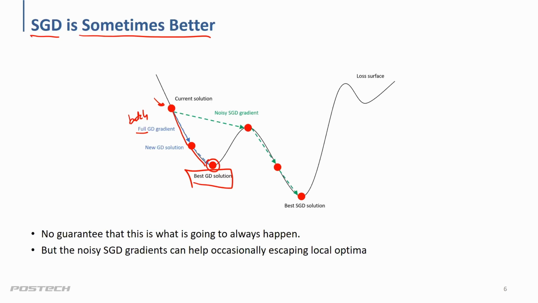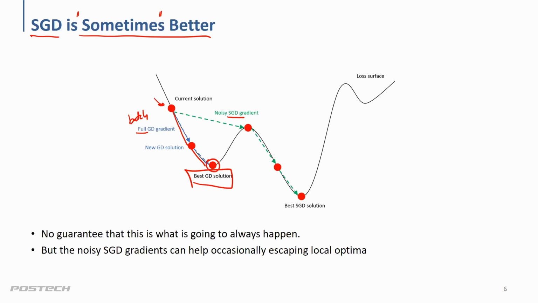But on the other hand, if you think about the stochastic gradient, each iteration really depends on which data points are randomly selected.